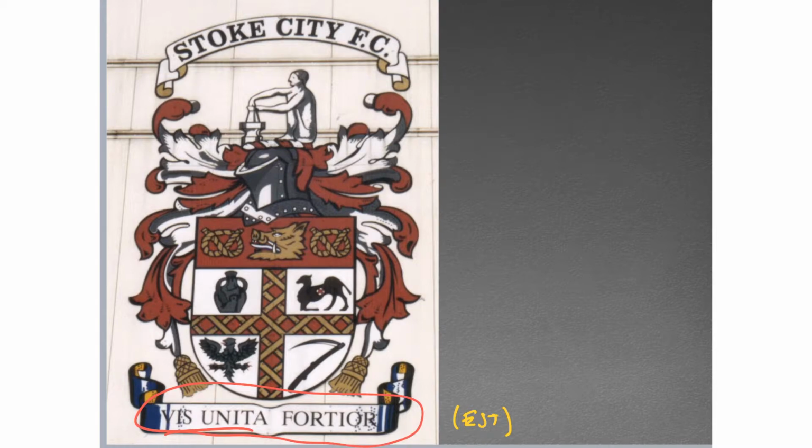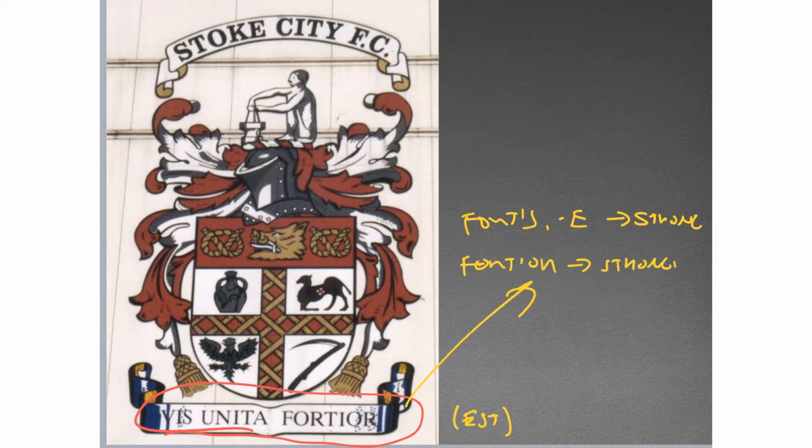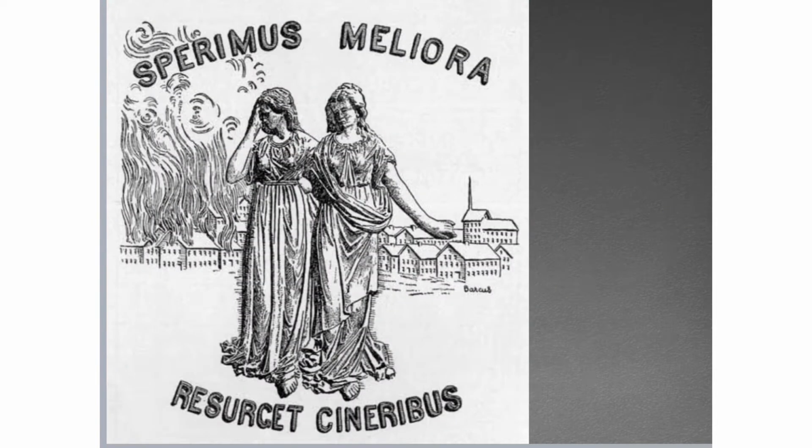And again for fortior, this is fortis, forte, the third declension adjective. It means strong or brave. So vis unita fortis, right, shared strength is strong. Vis unita fortior, right, shared strength is stronger. And again, that's that distinction between the positive and the comparative.